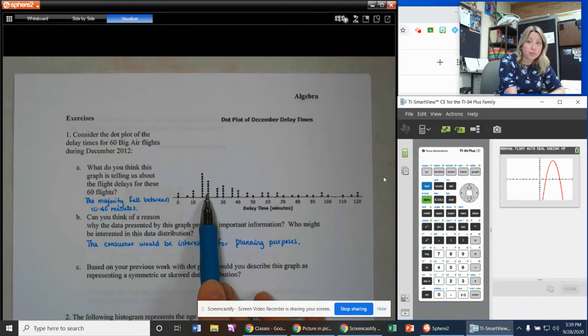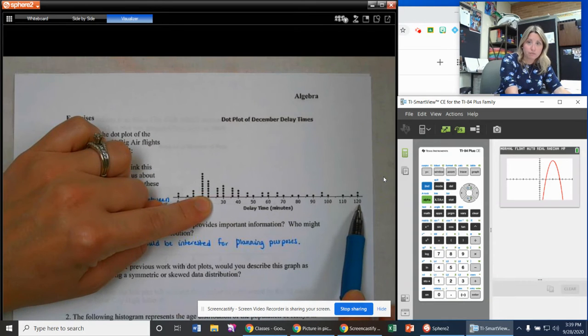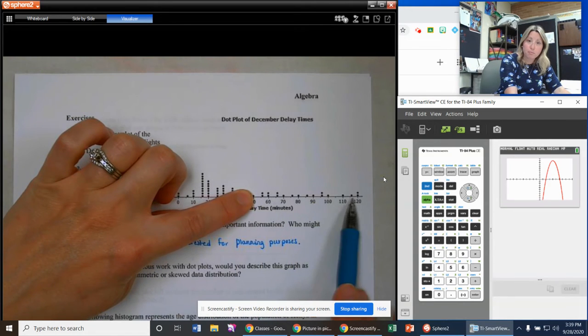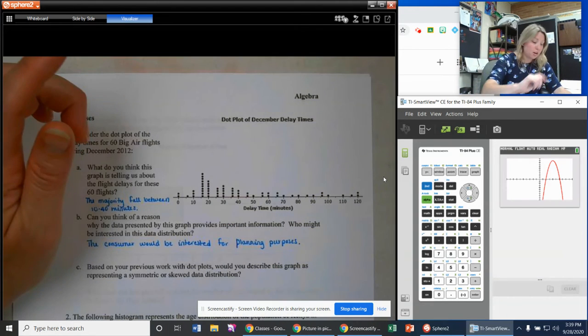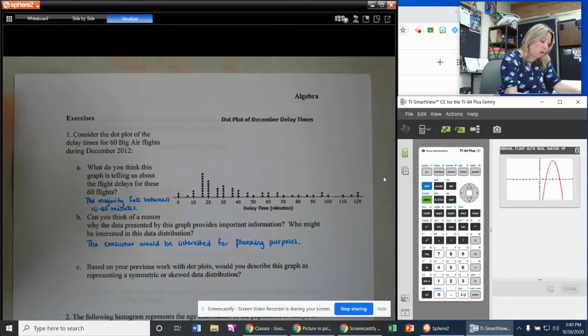This is going to sound really weird, okay? But the way we describe this is skewed right because the tail of my data is to the right. So wherever the tail of my data is, the kind of dribble off, that's the direction we call this skewed.